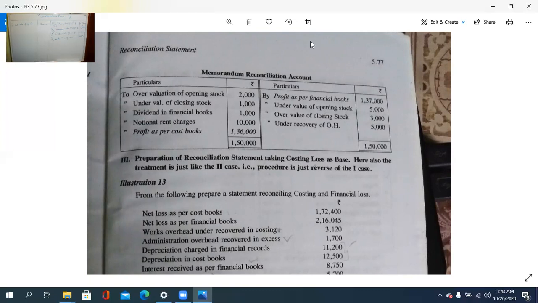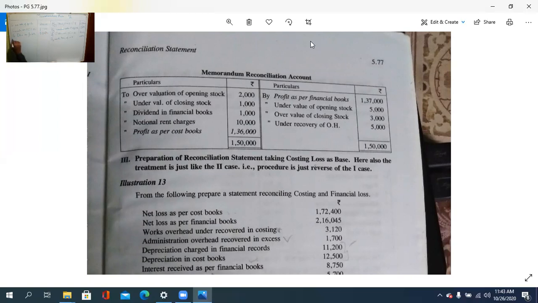Okay, then to under valuation: here under valuation of opening stock, then under valuation of closing stock. Here over valuation of closing stock. Under valuation of closing stock, how much? 1,000. Isn't it? Then to dividend as per financial books, how much? 1,000.